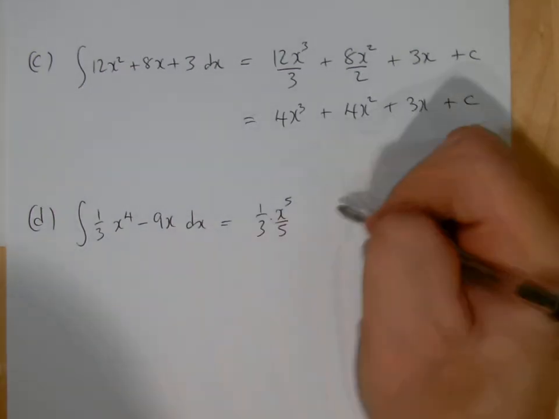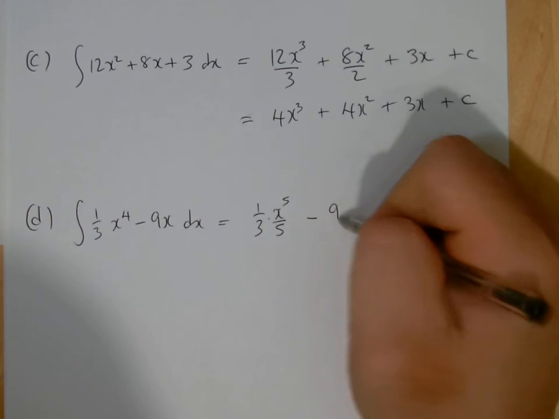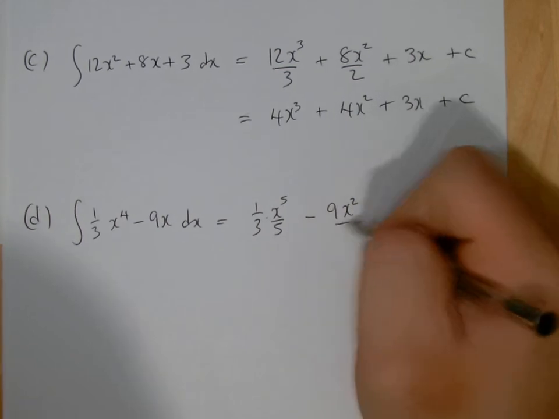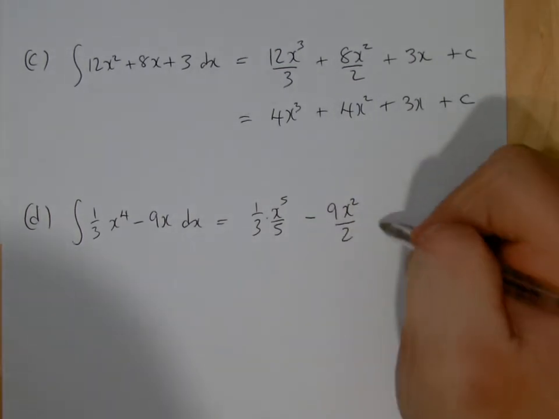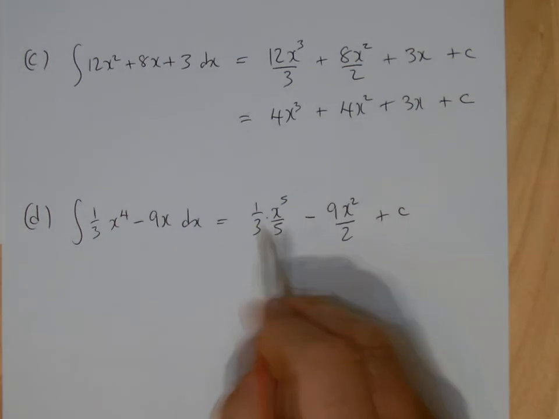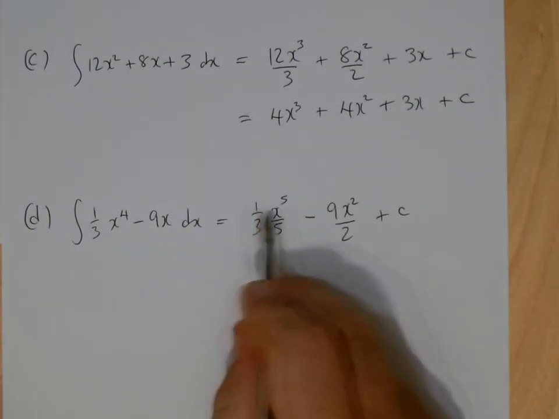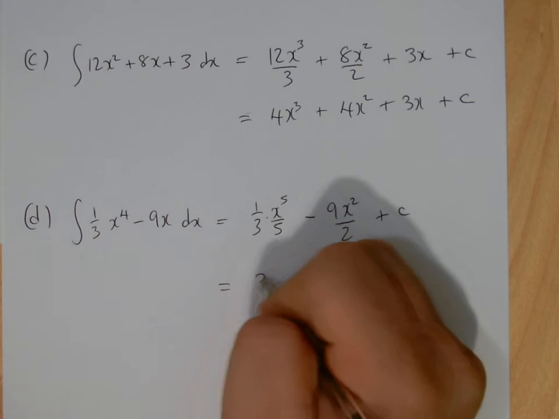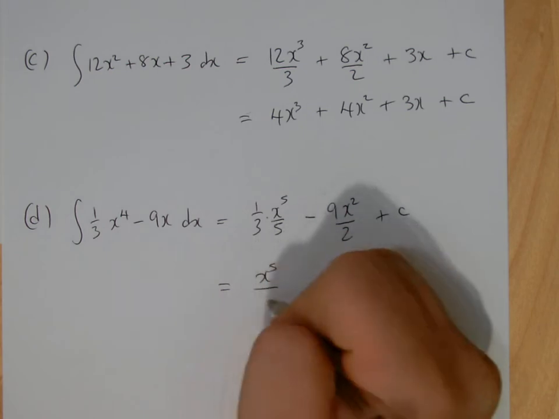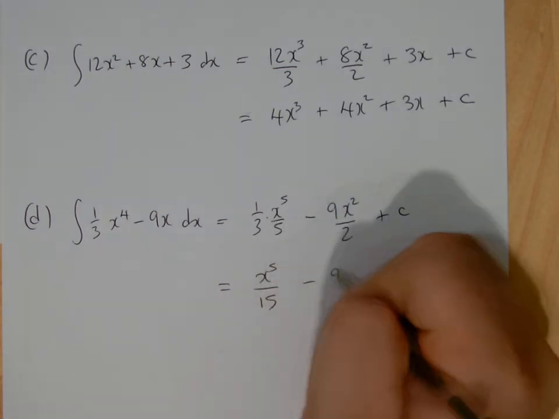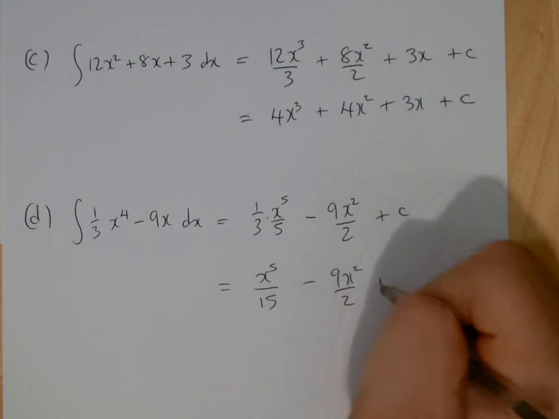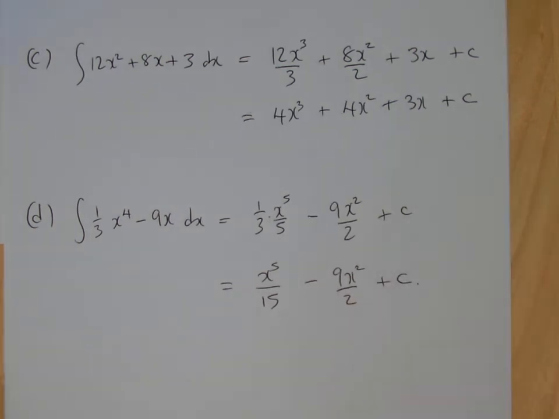Minus 9x, so add 1 to the power so you get squared, divide by that new power 2, plus then c. So when you times in these, easy peasy, because you just times the tops, so you get x to the power 5, and then times the bottoms, 3 times 5 is 15. So you get that, okay? So then 2 to go.